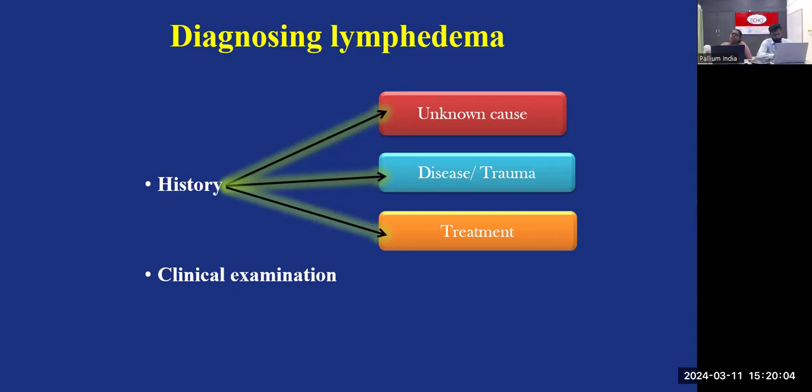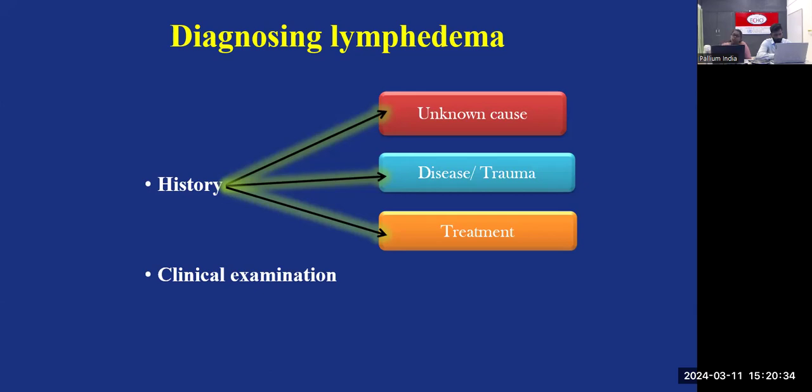Respiratory failure patients can develop edema. So we have to take a proper history. If someone reports to you, I am having edema, then you have to take a proper history, whether there is any unknown cause, is there any disease-related or trauma-related cause, has any major road traffic accident happened or not, or is it treatment-related.